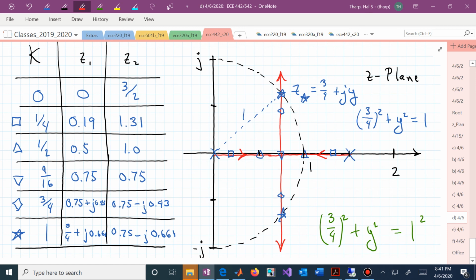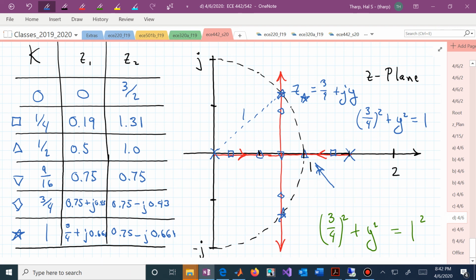Hopefully you can see then that k needs to be made, let me change colors, k has to be larger than the k to get us to the first triangle, and that means k is going to have to be bigger than 1/2 to get both branches simultaneously inside the unit circle.